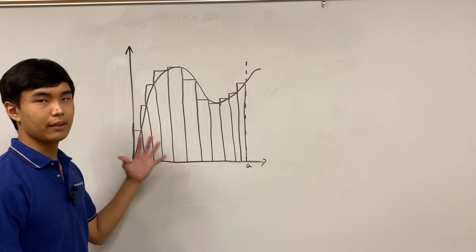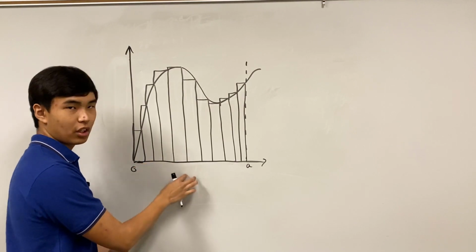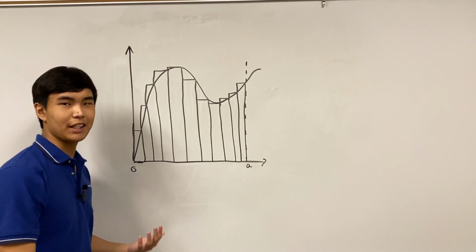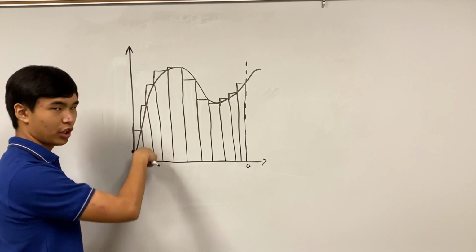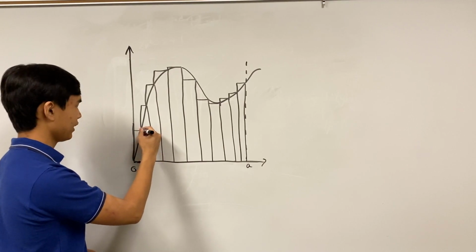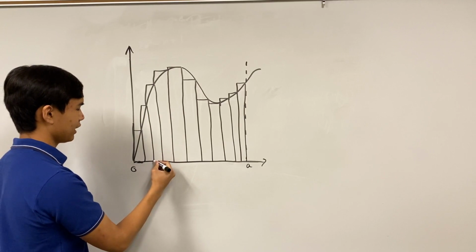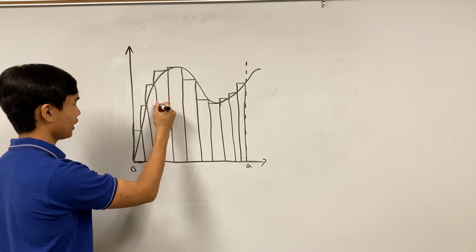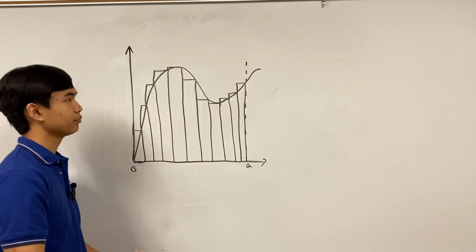Okay, now I've filled it such that these rectangles are supposed to be equally spaced apart, but every time I've gone and drawn up a line, I've gone until it reached the graph, and then I went left. So you see how I did here? I went up to the graph, went left to meet the x-coordinate here, and then came down to make the rectangle.